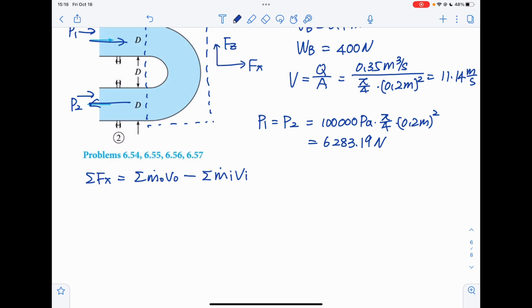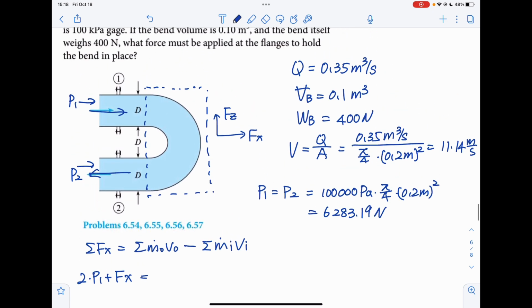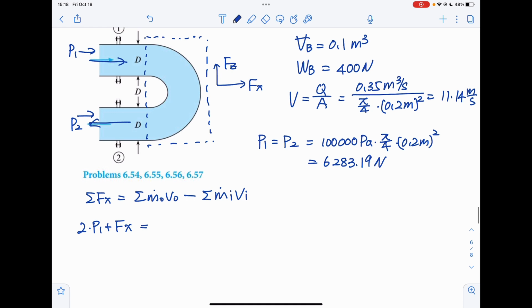The sum of forces, including both the Fx and the pressure, so 2 times P1 plus Fx, equals the velocity moving out, which is m dot times velocity, and it's in the negative x direction, minus the moving in, which is in the positive x direction.